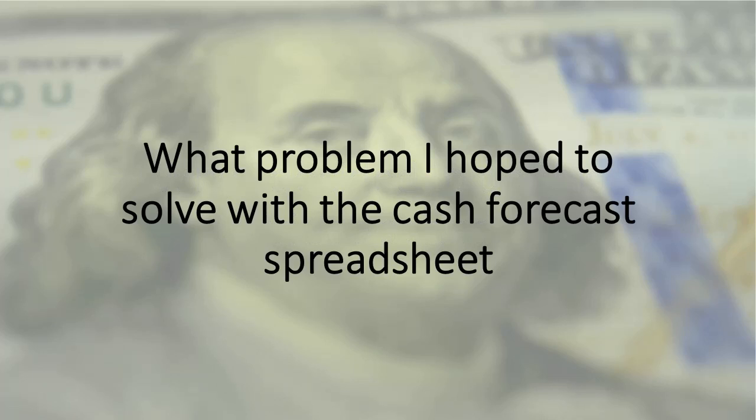Now I'd like to share what the problem was that I was trying to solve with this cash forecast spreadsheet. At the time, my wife and I both got paid on a bi-weekly basis, and as you may know, paydays tend to creep to different parts of the month, and some months have more paydays than others. This made it very difficult for me to determine how much money needed to remain in checking for future expenses.